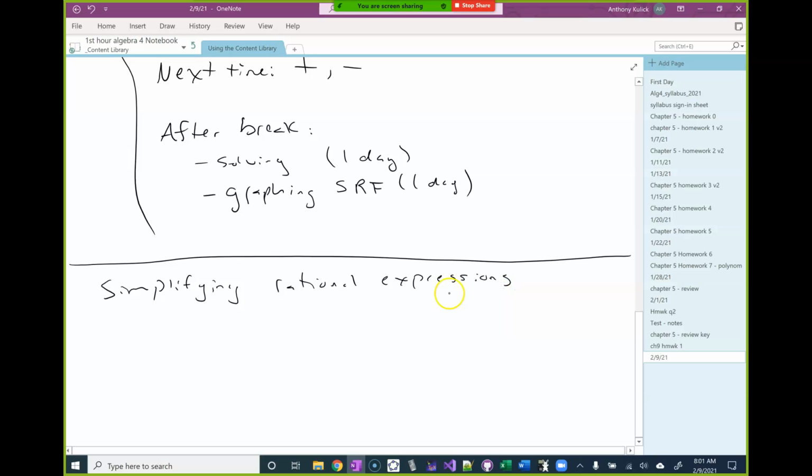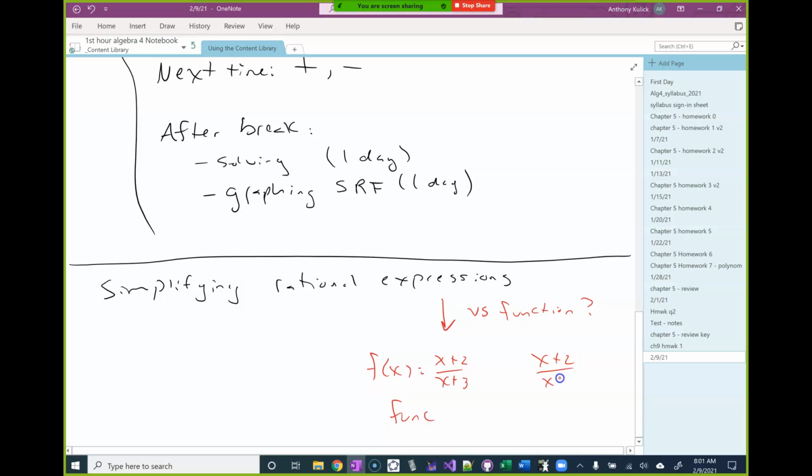So just a quick little vocab piece. When we talk about an expression versus a function, something like f of x equals x plus 2 over x plus 5 is a function.